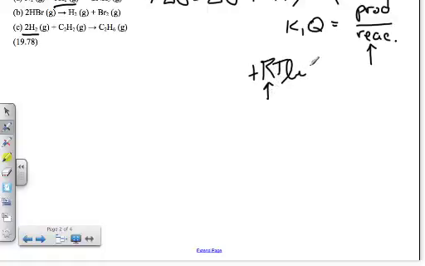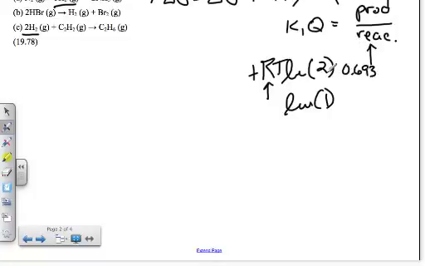What happens to Q when the reactant, the denominator rather, in A and C decreases? Let's say that ratio went from 2 to 1 because I have increased the bottom, so the denominator increased and the ratio decreases. If I take the natural log of 2, I get 0.693.